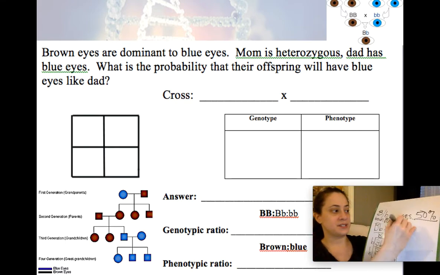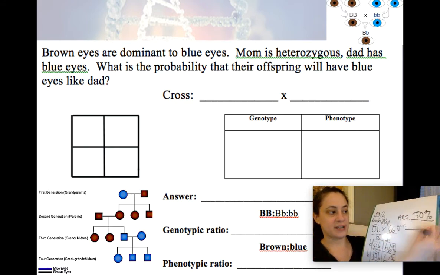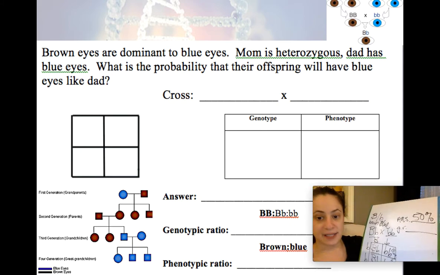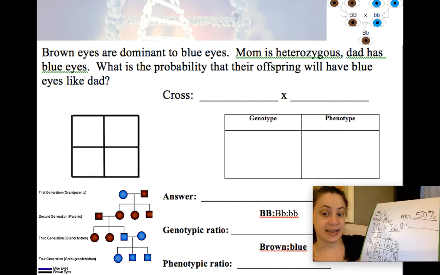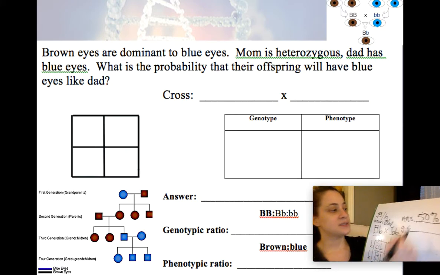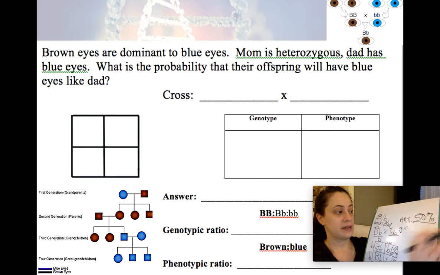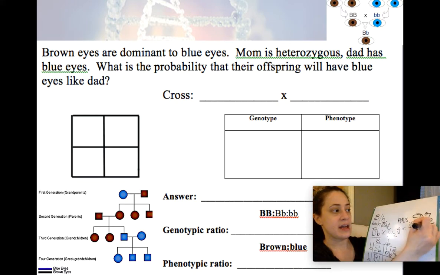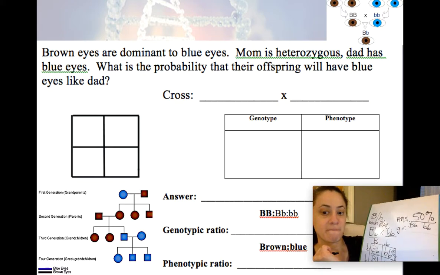Now, we need to determine the genotypic ratio. So there's two possible genotypes that we obtained here. So we have, as possibilities, a heterozygote and a homozygous recessive.